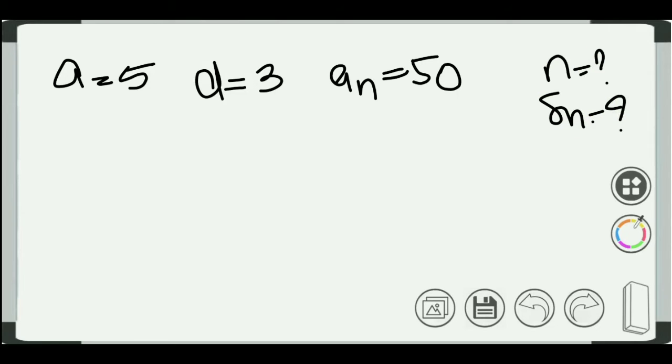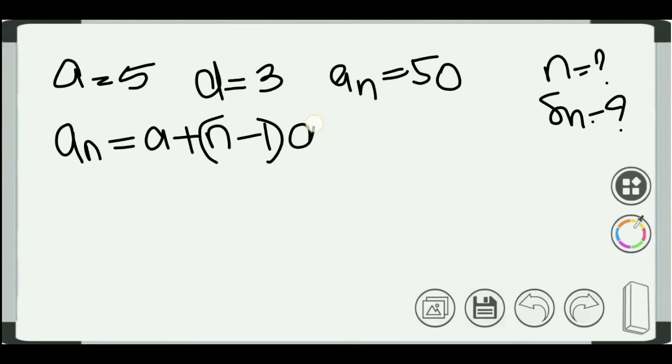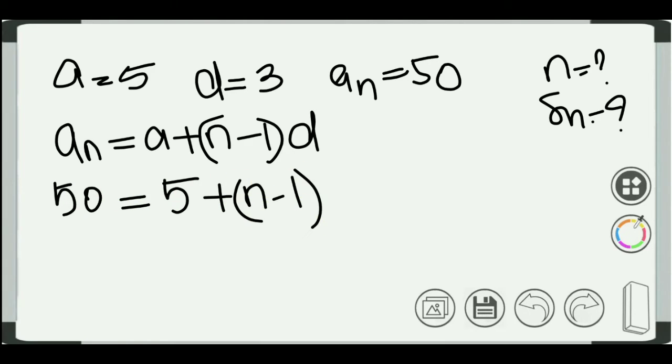First of all, we can put this in an is equal to a plus n minus 1 into d form, and we'll get the value for n. An is 50. 50 is equal to a is 5, 5 plus n minus 1 into d is 3. Now I am taking this 5 this side, so plus 5 will become minus 5.